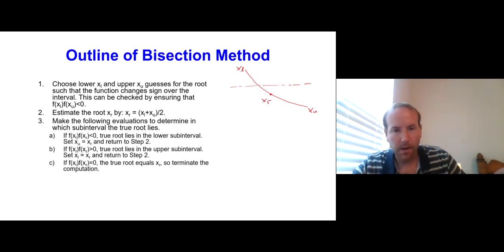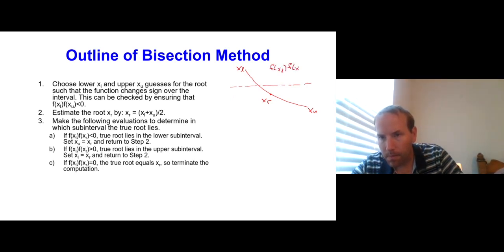First, we're going to be looking at the product of f of XL and f of XR. Okay, and in this case, we can see that it's going to be less than 0 whenever they're on different sides of the 0 line, okay?